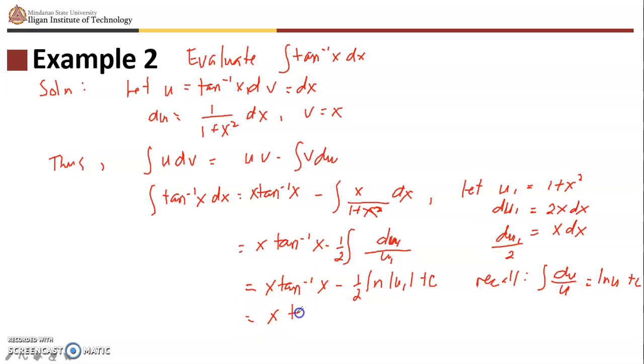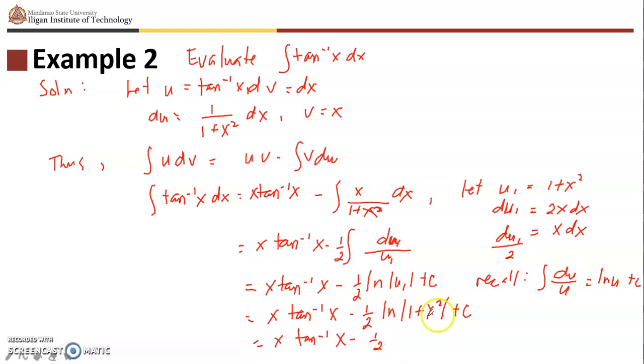So x tangent inverse of x minus 1/2 ln this time of 1 plus x squared plus c. Now this will always be positive, so you can simply write x tangent inverse x minus 1/2 ln of 1 plus x squared plus c.